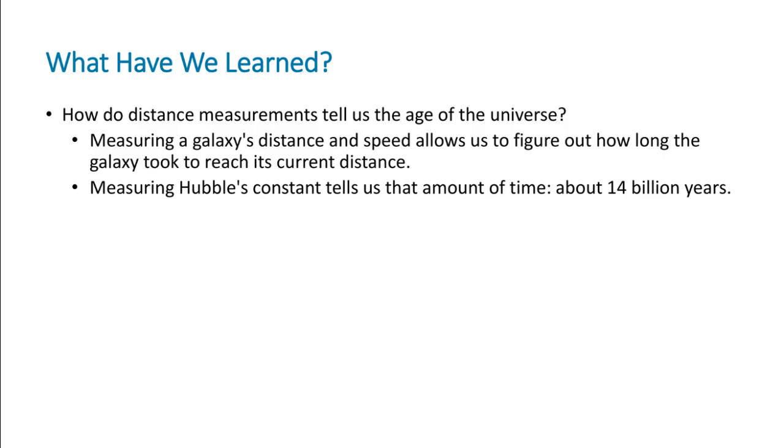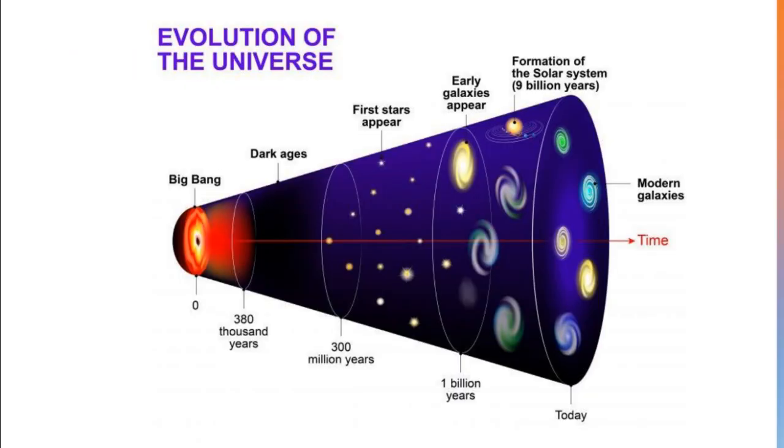And by measuring the Hubble constant, you can actually calculate an age of the universe. So how far could you rewind backwards before everything is in one point in space? And that's about 14 billion years. So next class, we'll talk about the evolution of the universe, starting from what happens when you rewind everything back to everything being at the same point in space.